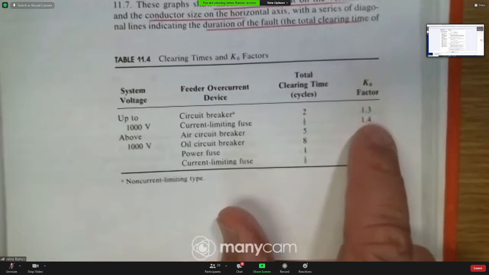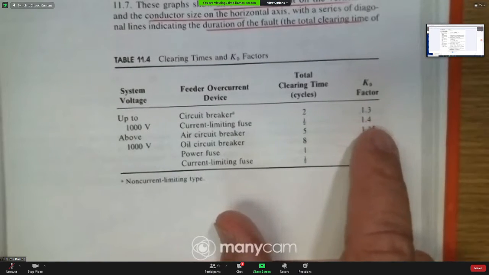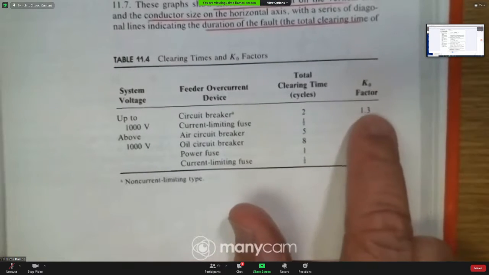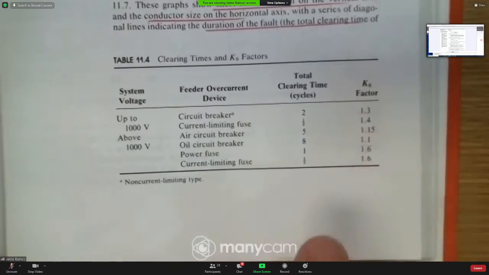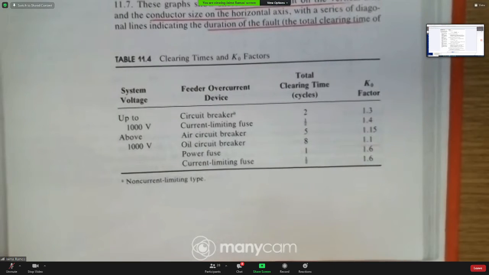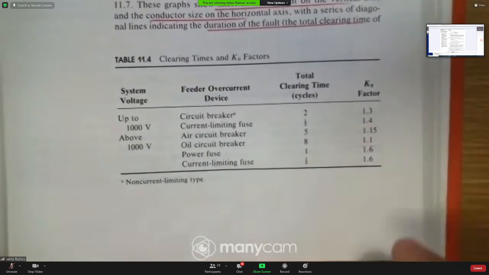Next, the asymmetric current increases by 1.3 times, the K factor. So from 17,000, which is the available short circuit current, it goes up to 22,100. Next, from figure 1.5.